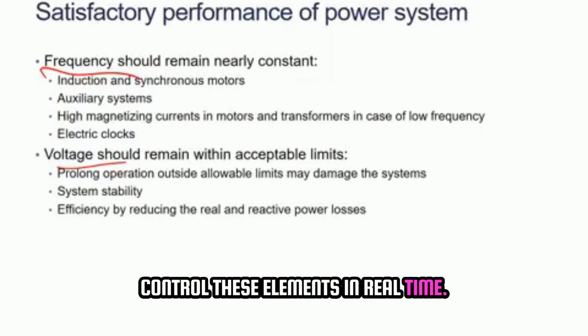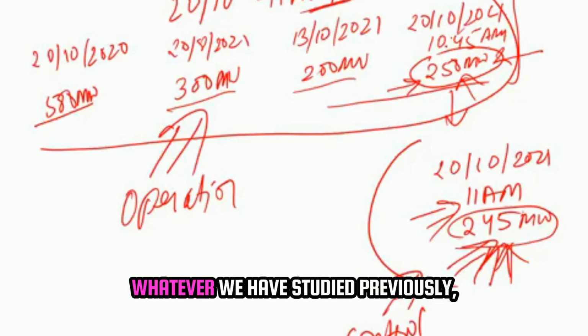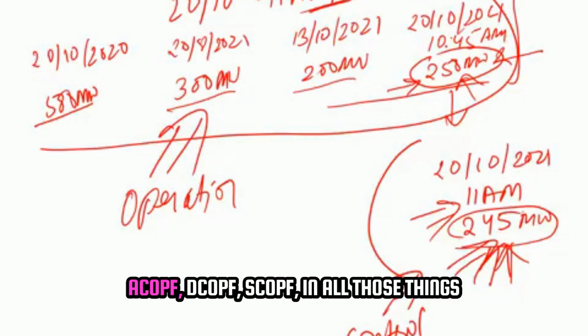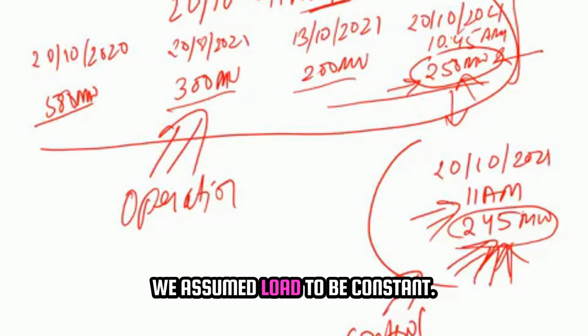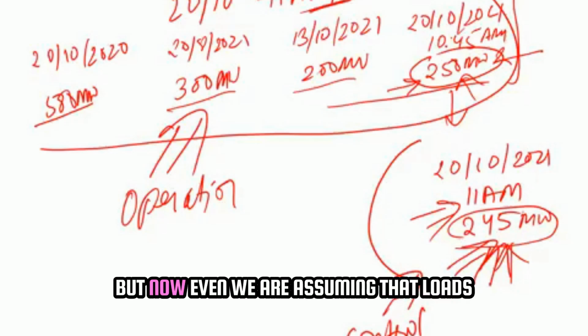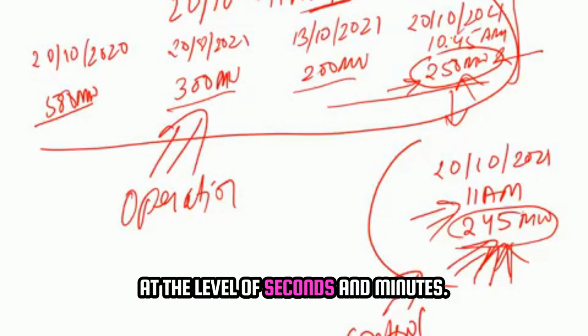We have to control these elements in real time. Whatever we have studied previously, the economic dispatch, unit commitment, ACOPF, DCOPF, SCOPF, in all those things we assumed load to be constant, and then we tried to solve the problems and get the economical status. But now we are assuming that loads are also changing, and the time duration is at the level of seconds and minutes.